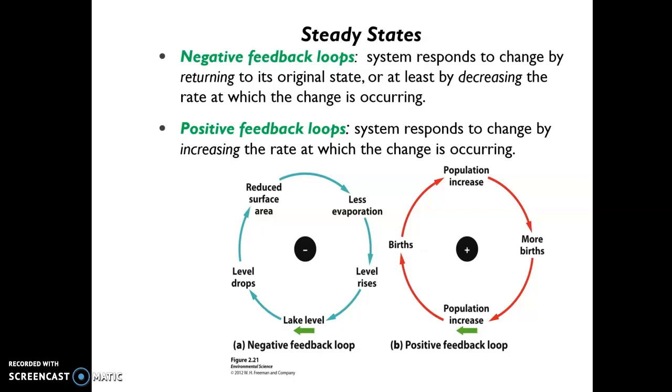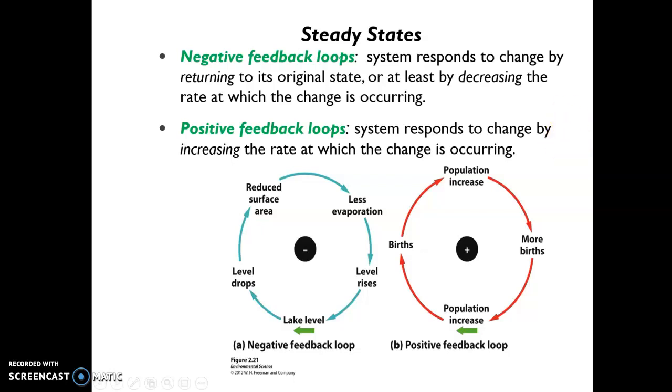So the example here of a negative feedback loop is a lake. As there is more rain falling, the level of the lake might rise, and as it does, its circumference increases, it gets bigger, and then that means that it has more surface area to evaporate.